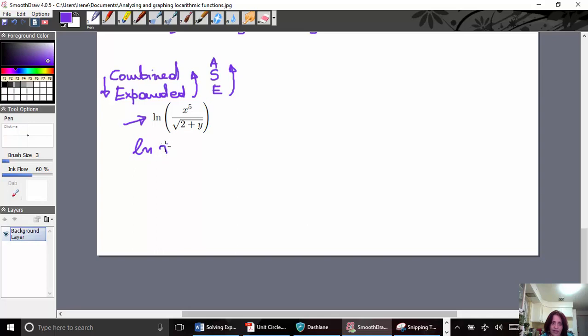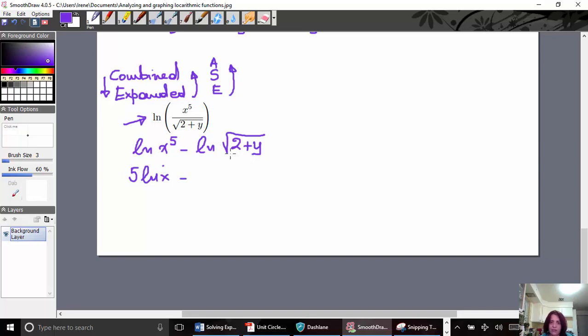ln of x to the fifth. I don't have an addition here or here because I have the square root. So I go to ln of x to the fifth minus ln of square root of 2 plus y. Then I finish with the subtraction, so I need to go to the exponents. So I have 5 ln of x.